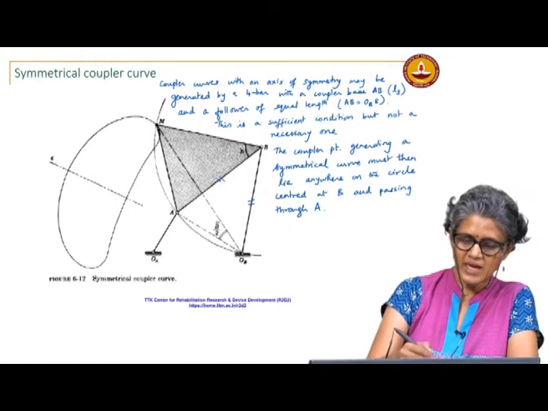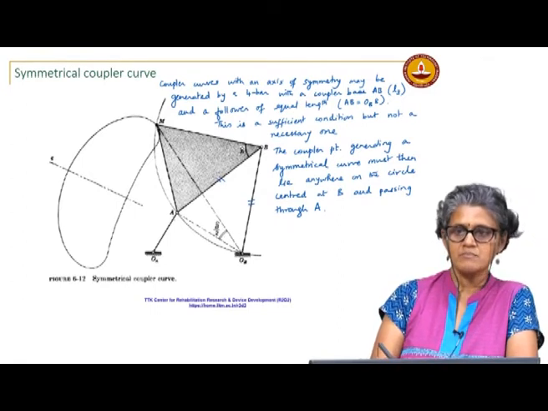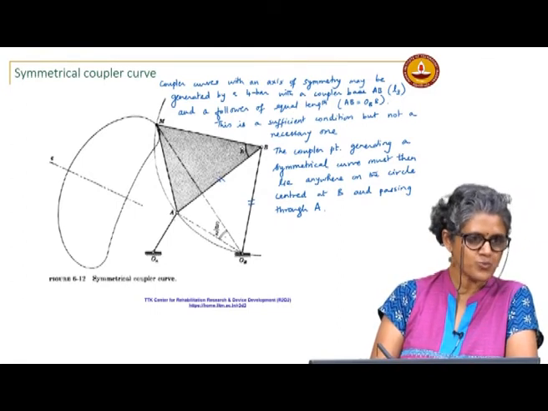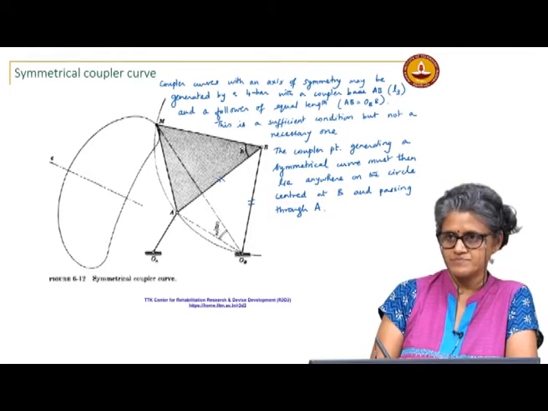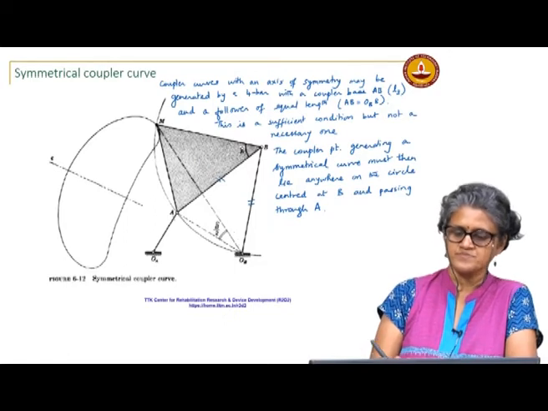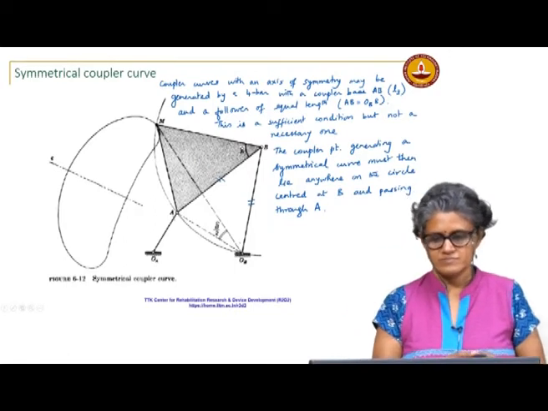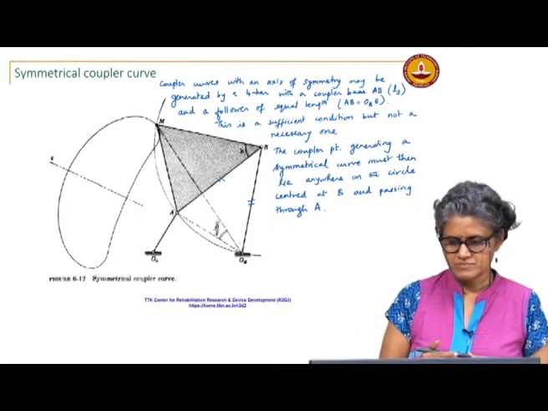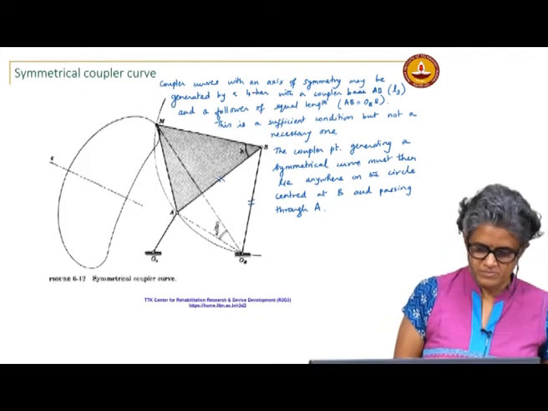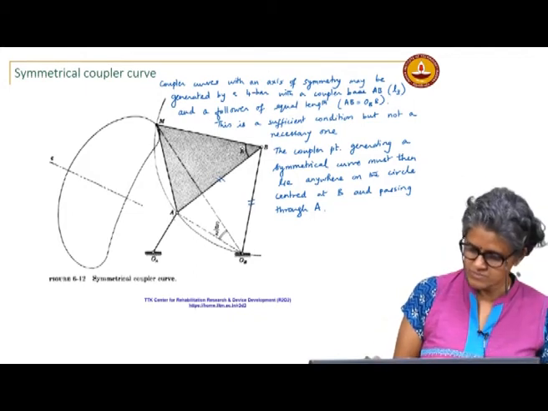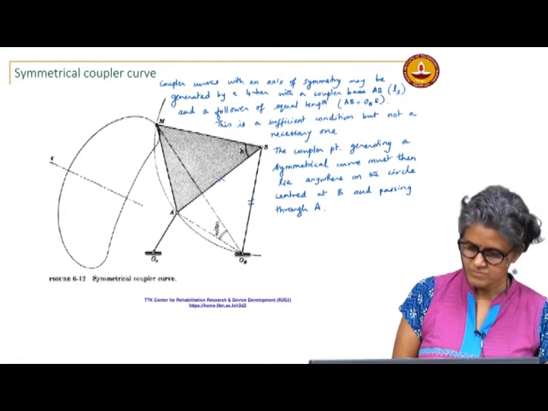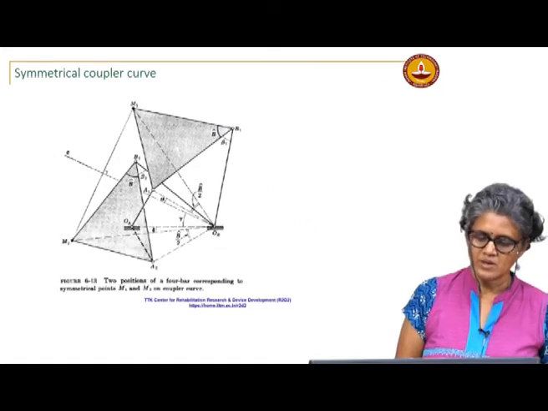That means AM subtends the angle B cap by 2 at O_B, right, okay.